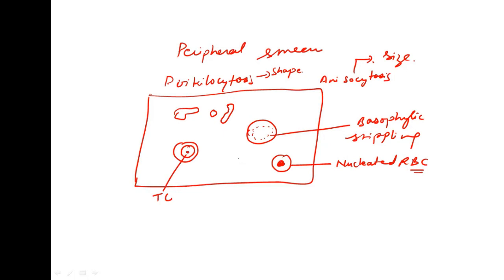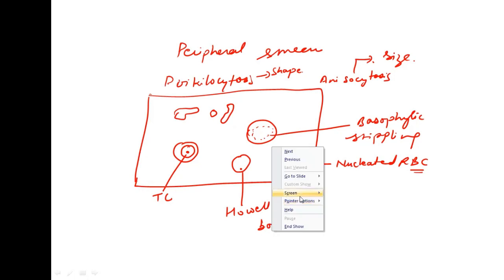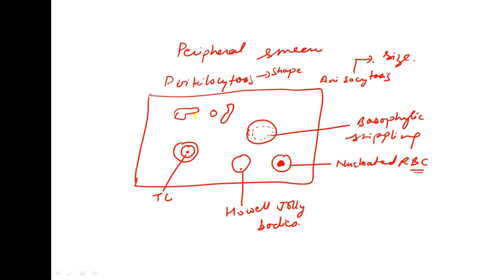And important thing is oval, jolly bodies. So there are some important points which you have to remember. First is poikilocytosis, second is anisocytosis, and third is oval, jolly bodies.